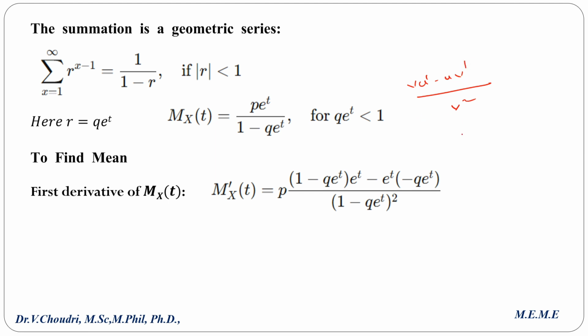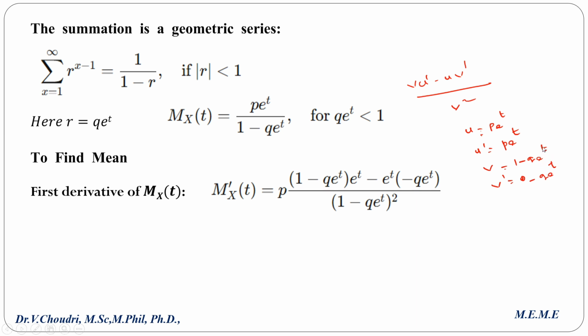Okay, so here u equals p e power t. What about u dash? p is a constant, and the differentiation of e power t is e power t only. Okay, v equals 1 minus q into e power t. What is v dash? 0 minus q into e power t.